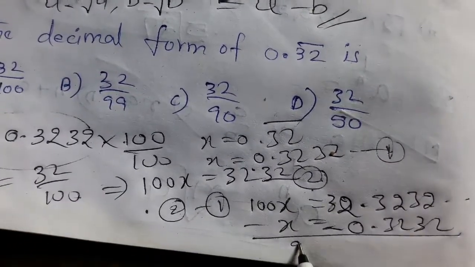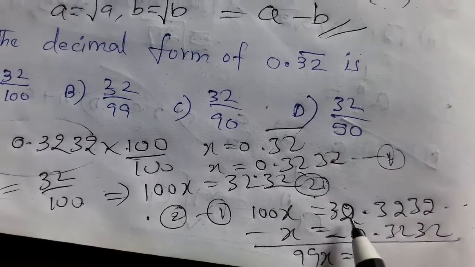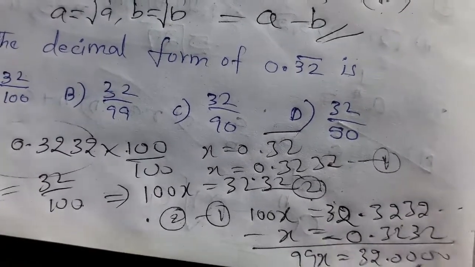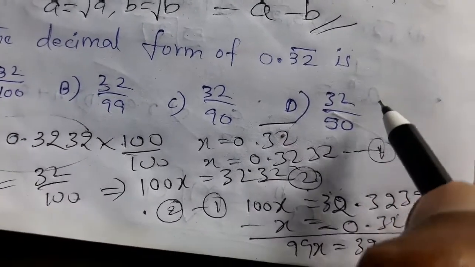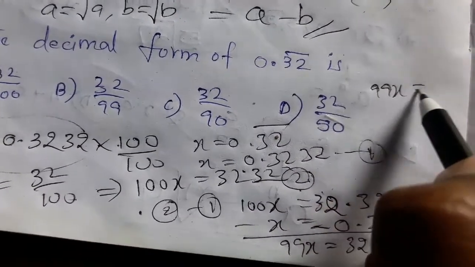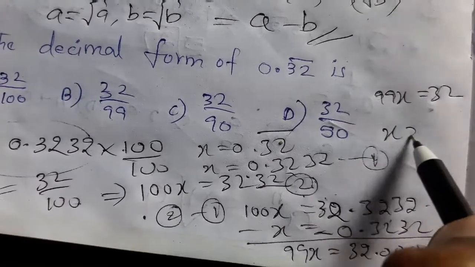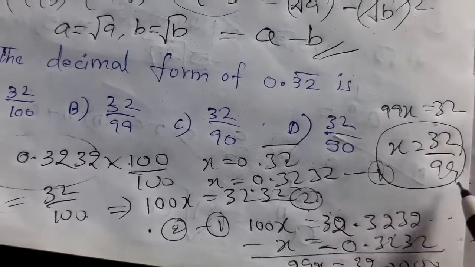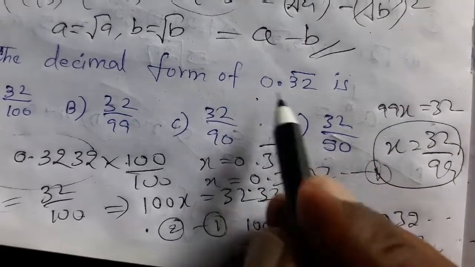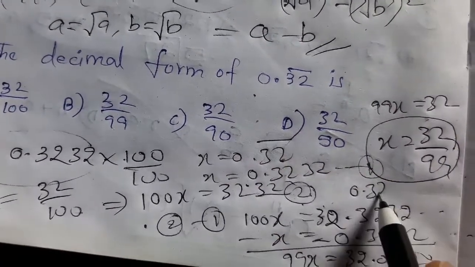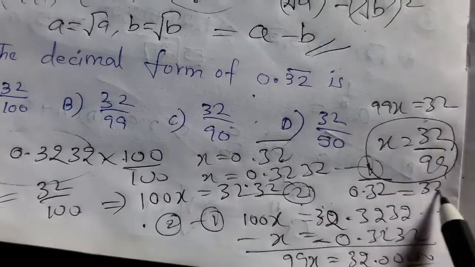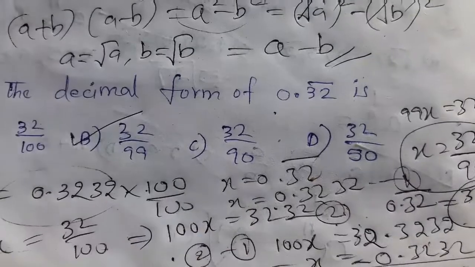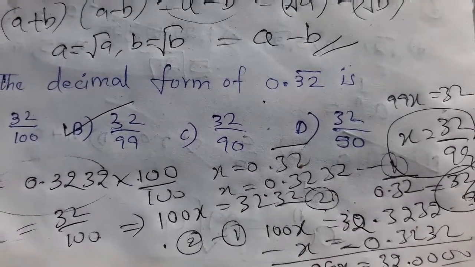This becomes 99x, which equals 32.000, everything else becomes 0. So 99x equals 32, then x equals 32 by 99. So 0.32 bar equals 32 by 99 is the answer of the given question. That means option B is the right answer.